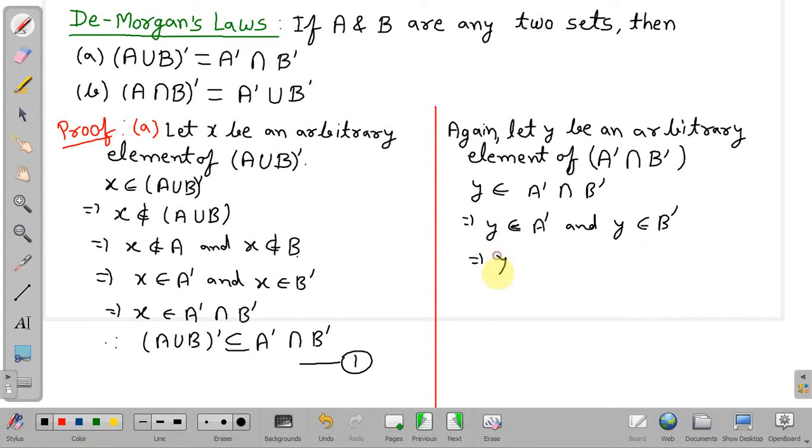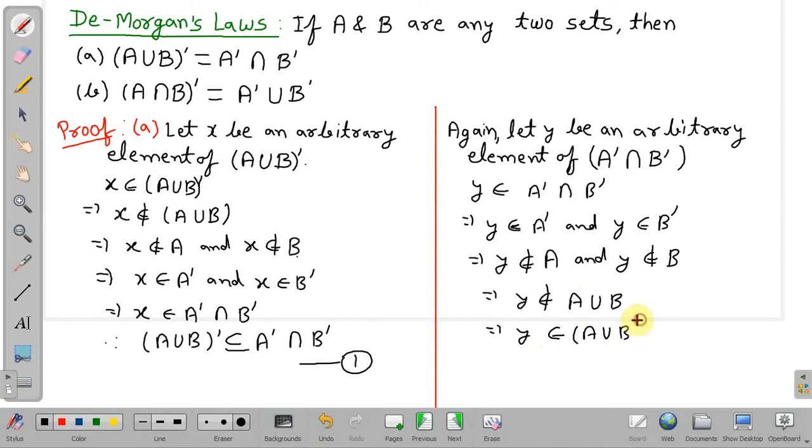Y being an element of A complement means y is not an element of set A, and y is not an element of set B. So we can say that y is not an element of A union B. Okay. So y is an element of (A union B) complement.